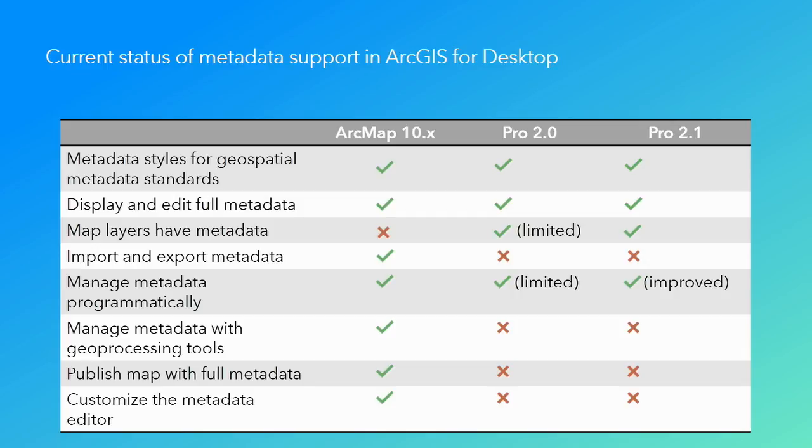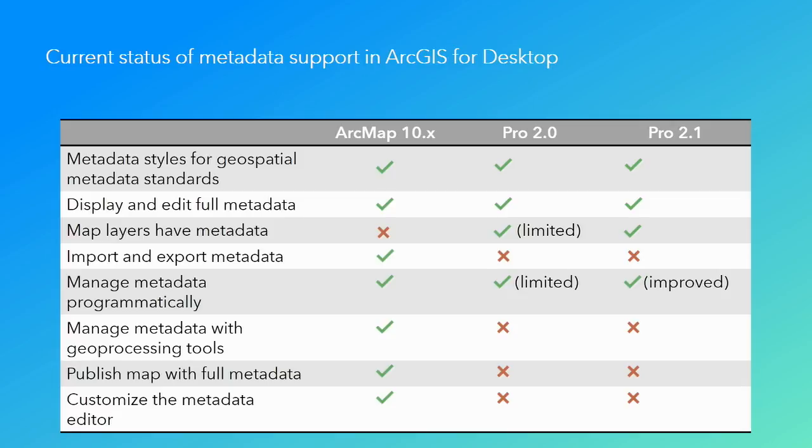What you see here is a little bit of a roadmap of the ArcGIS desktop environments and Pro environments. Metadata styles have been around for quite a while. One of the things you'll see in the near future, it's already there a little bit but coming more, is that in Pro, layers can individually have their own metadata.